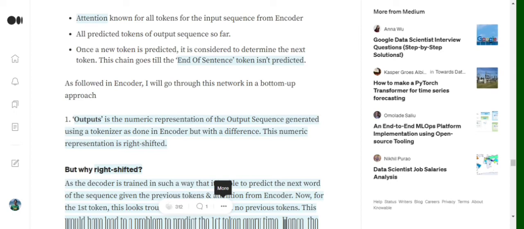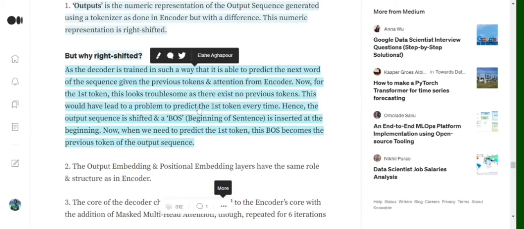For the first token we would be using beginning of sentence as an input for the decoder. The outputs would represent the beginning of sentence token. It can be any symbol. Once we have used this token, when we need to predict the first token, this beginning of sentence becomes the previous token of the output sequence. Makes sense?